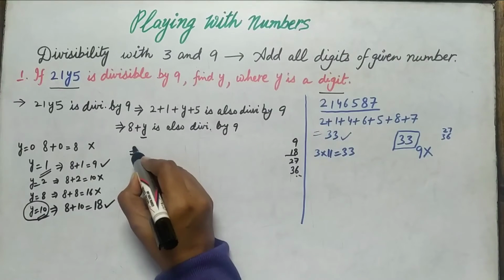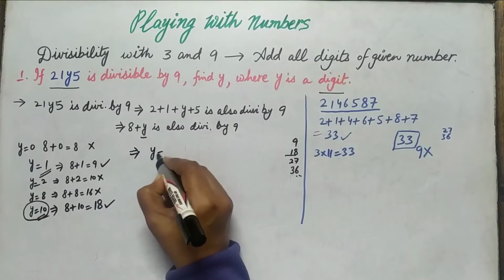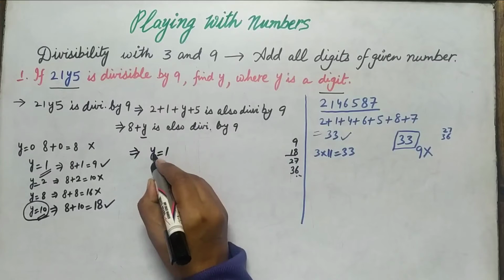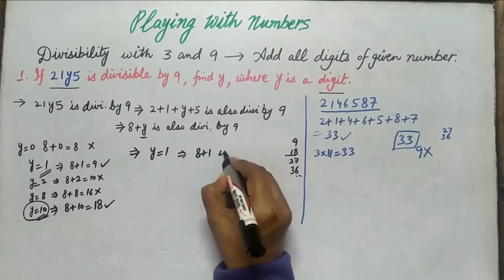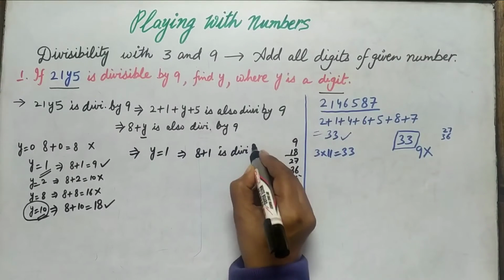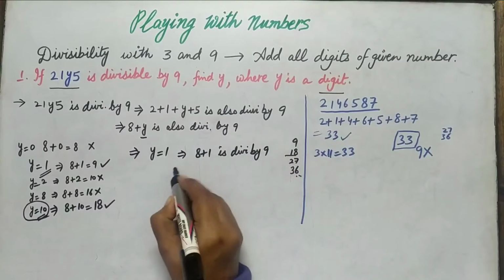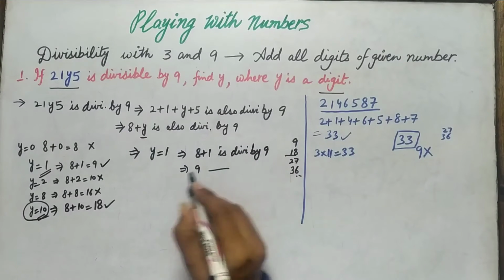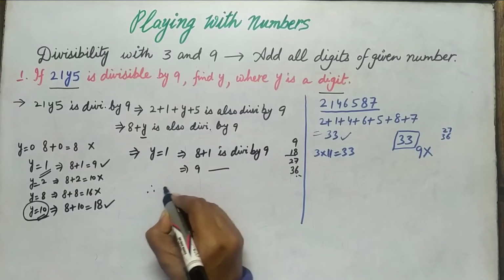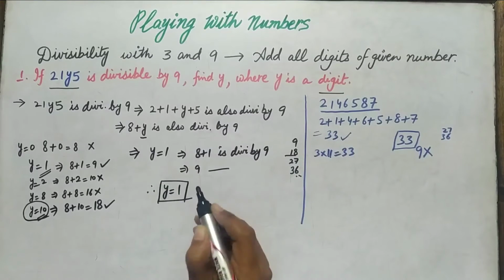Our correct value for y is 1. y equal to 1 will give 8 plus 1, which becomes 9, and is divisible by 9. Therefore, the correct answer for y is 1.